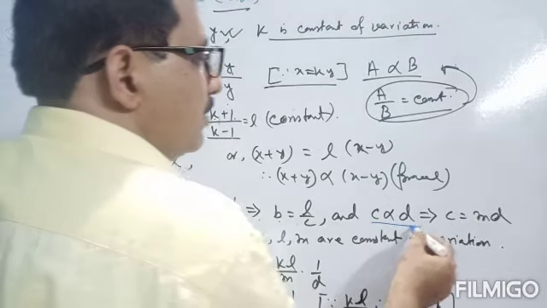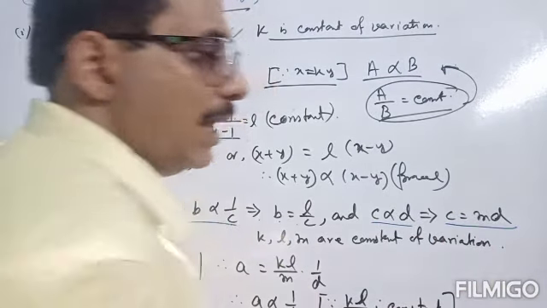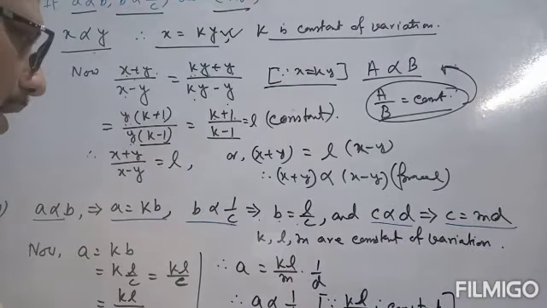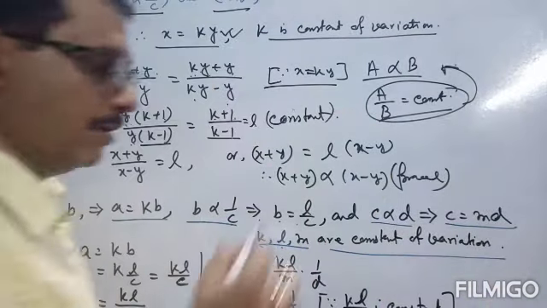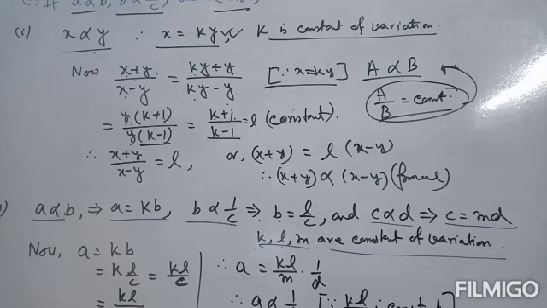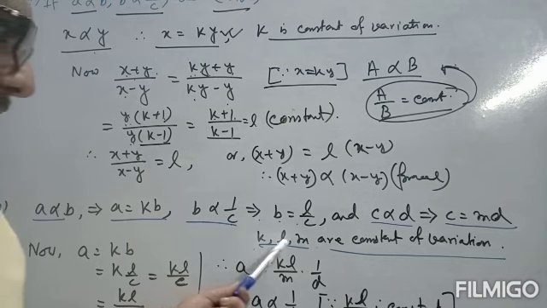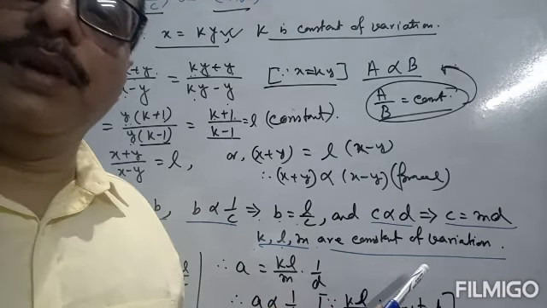And C varies as D, that means C is equal to M into D, where K, L and M are constants of variation. Here we take three constants, one is K, other is L and other is M.